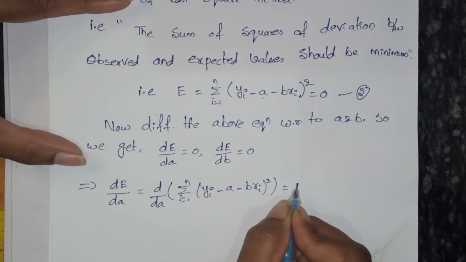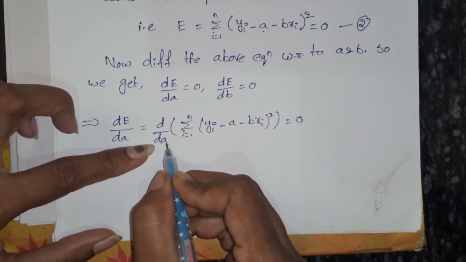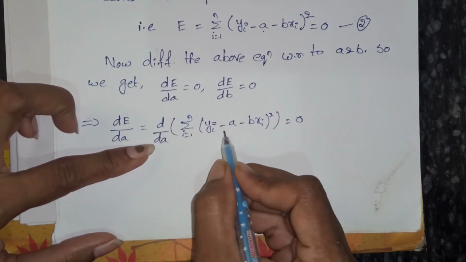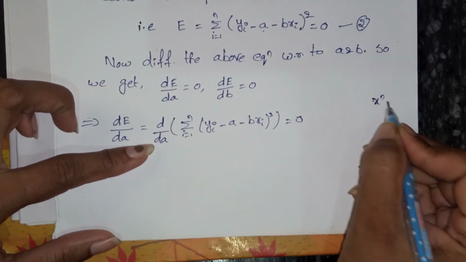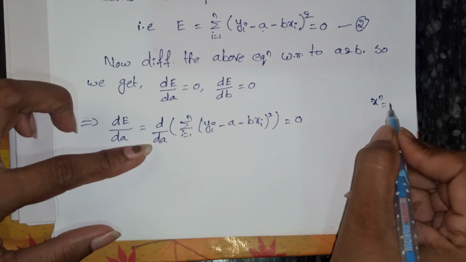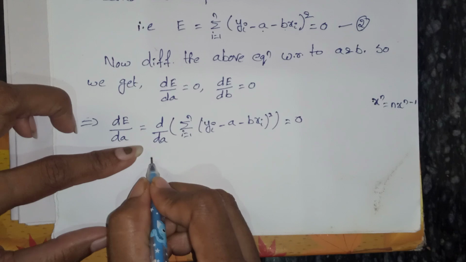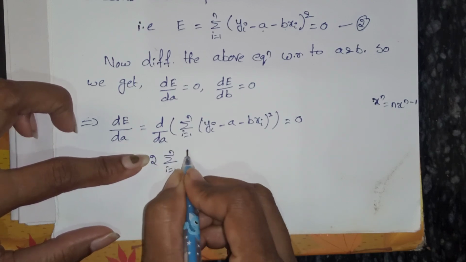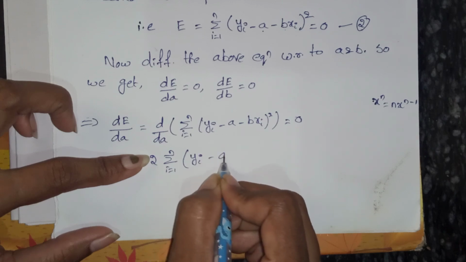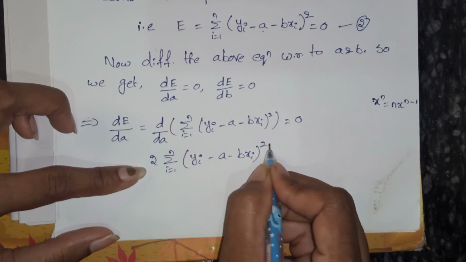equals 0. Now we have to differentiate with respect to a. This is in the form of x power n. The differentiation of x power n is n into x power n minus 1. So 2 into summation i equals 1 to n of yi minus a minus b xi, whole to the power of 2 minus 1.